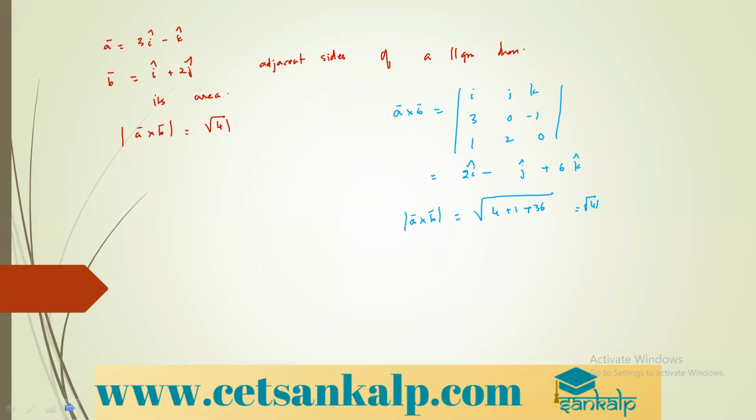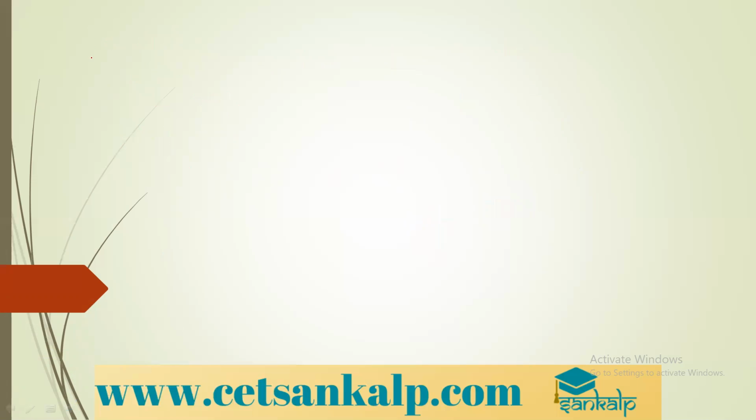One more example I'll give you. For example, vector A is 3i plus j minus 2k. Vector B is i minus 3j plus 4k. And these are diagonals of a parallelogram.